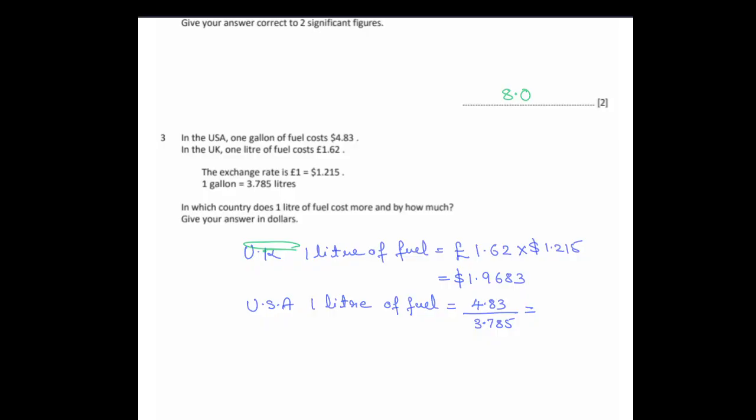So we can round it to 1.28. This is the cost of 1 liter fuel in USA.